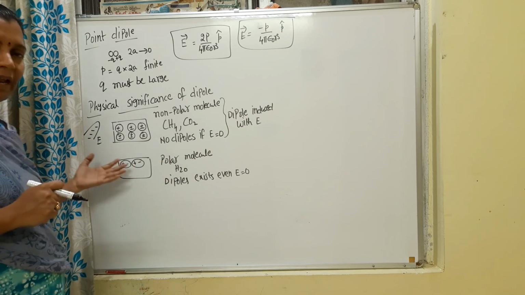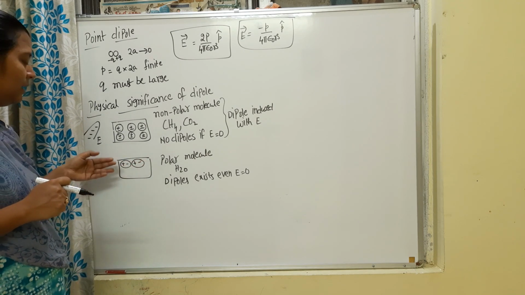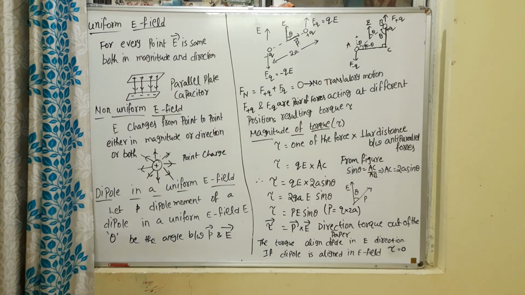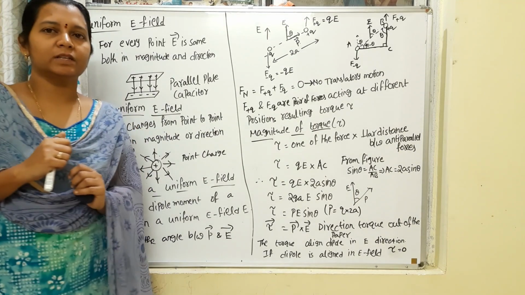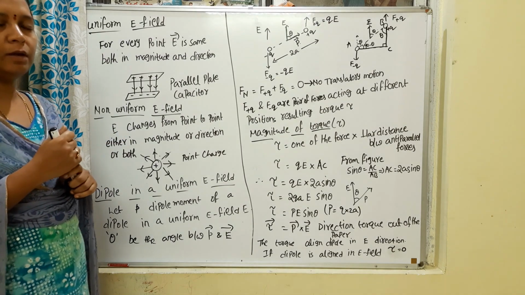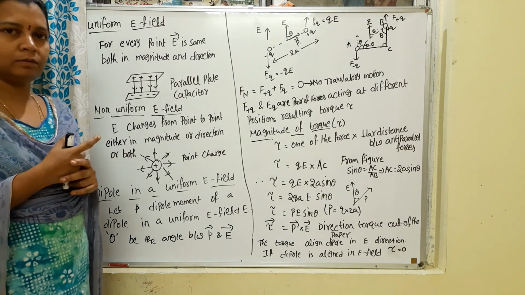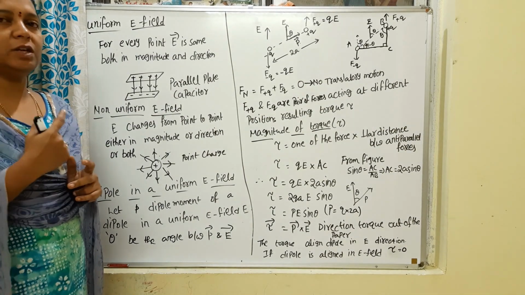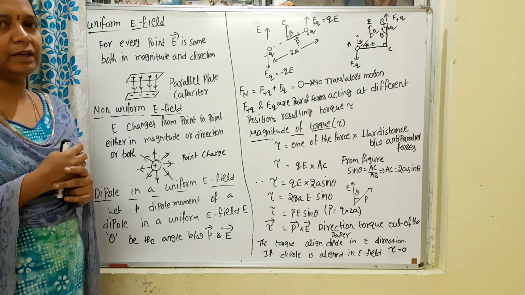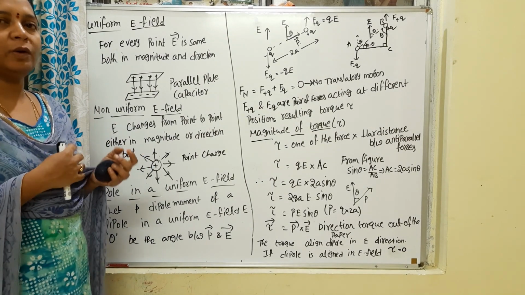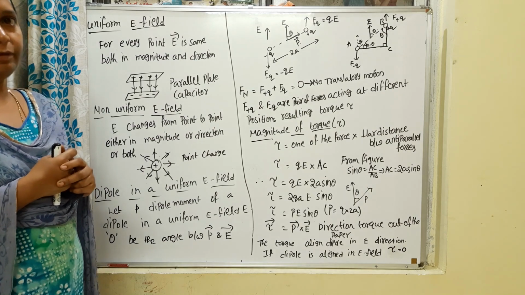We have not applied any electric field, still the charges are separated by some distance, having a net dipole moment. Now we are going to discuss a dipole having net dipole moment P kept in a uniform electric field. First of all, we need to know what a uniform electric field is.